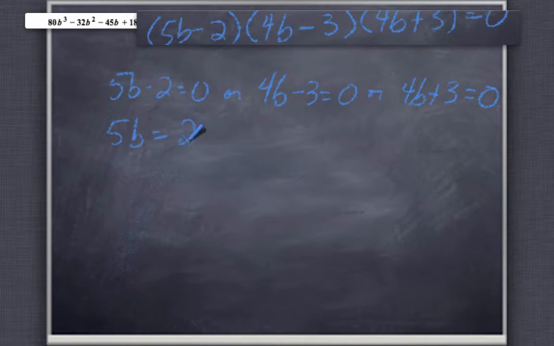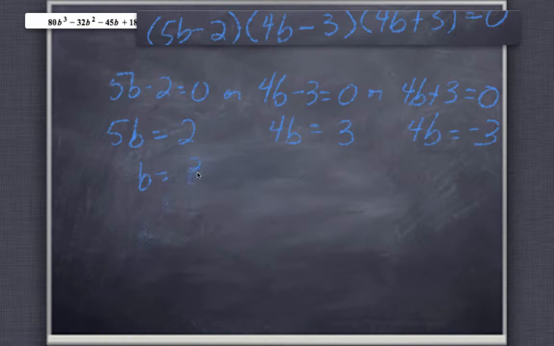Move over the 2, move over the 3, so I'm adding 2 to both sides, I'm adding 3 to both sides, subtracting 3 from both sides, because with just one side of an equation you can't add or subtract things that aren't 0 or multiply or divide by things that aren't 1. And once you have 0 on one side, you want to keep it. But now that we have this ready to solve, then we can move things over.